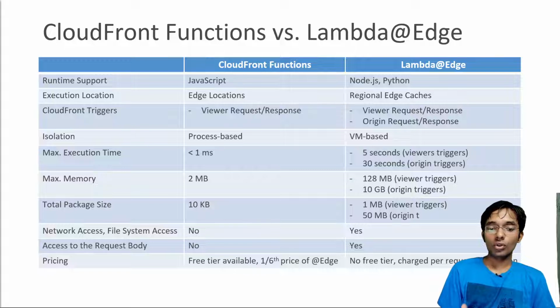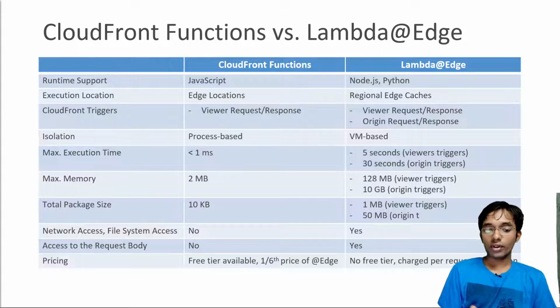So there's no network access and no file system access for the CloudFront functions, whereas you have some for Lambda@Edge, and you do not have access to the request body in CloudFront functions, and you have access to it in Lambda@Edge.